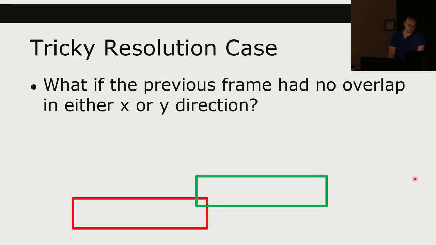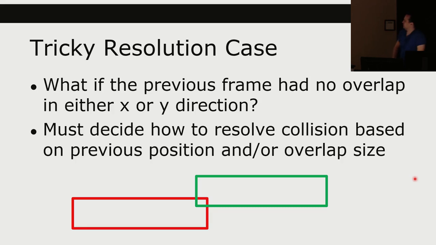So for example, you might say, okay, I want to resolve all diagonal collisions by pushing it up. Or maybe I push it up by the entire overlap so it lands right on the corner. Or maybe if the x value is greater than the y value, then it collides with the side. If the y value is greater, it collides with the top, or whatever. But you have to decide on something for this.